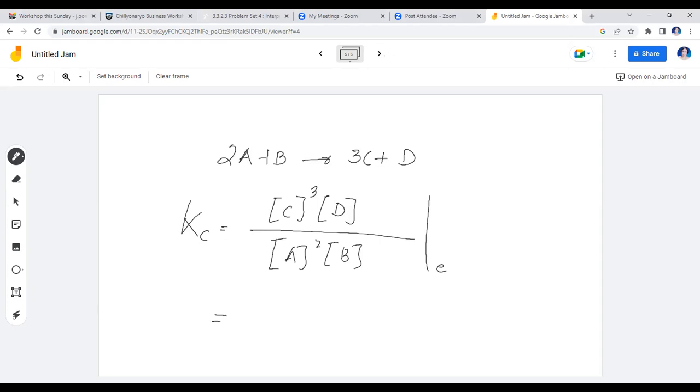If you're not given concentrations, this could also be expressed in terms of partial pressure: partial pressure of C, partial pressure of D, partial pressure of A, partial pressure of B, all at equilibrium. This one we write as K sub C because we have concentrations. We can write this also as K sub P based on partial pressures.